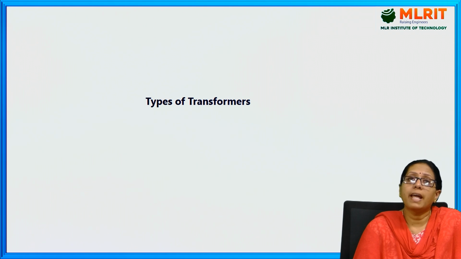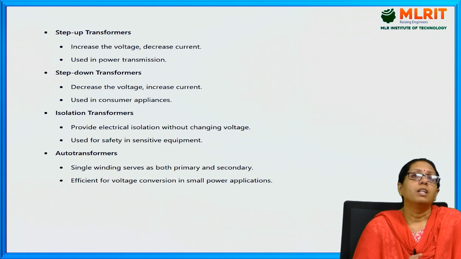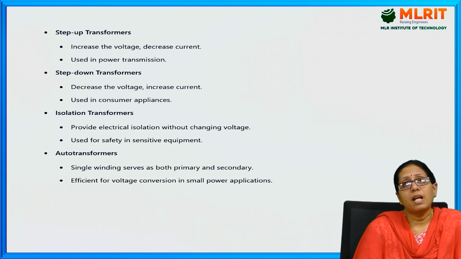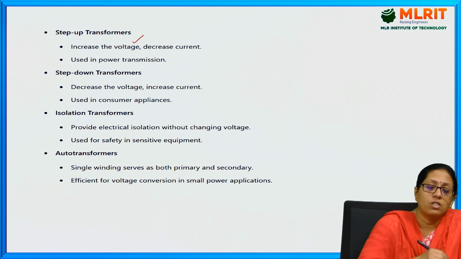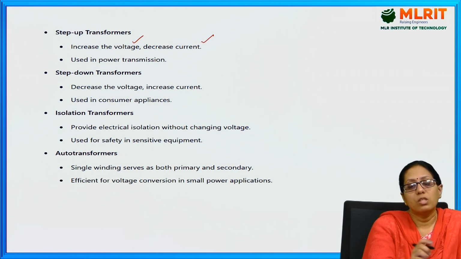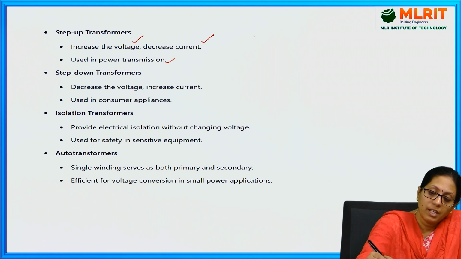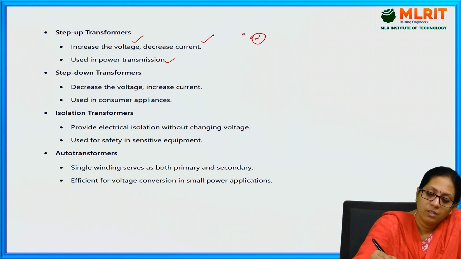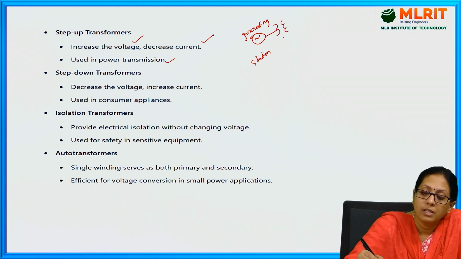What are the different types of transformer? First one is step up transformer. A step up transformer increases the voltage and decreases the current, and is used in power transmission. This is your generating station. The generating station is connected to a transformer; this is a step up transformer.